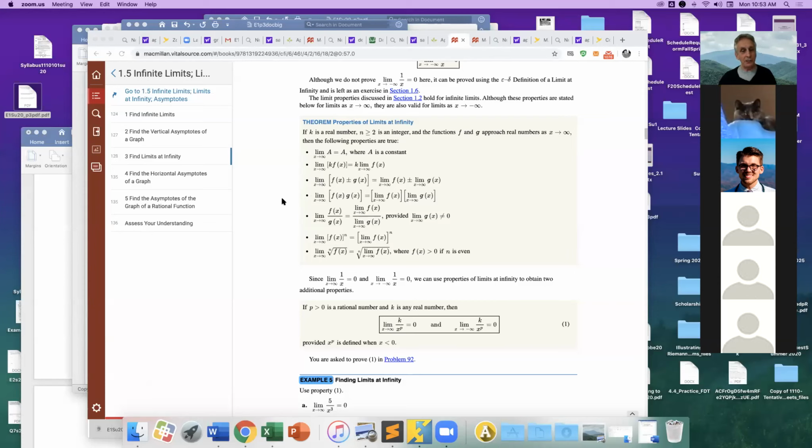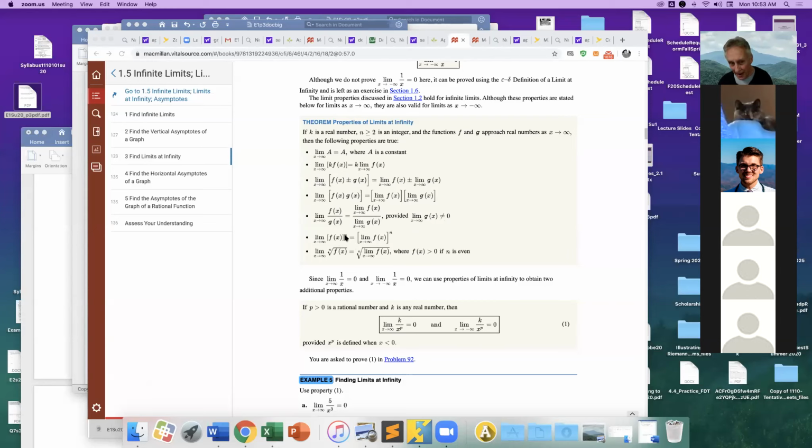Okay, good. All right, so notice these rules, you guys. Limit of a sum: if you've got the sum of two functions, that's equal to the sum of the limits. You can split the limit onto each one. Product, same exact thing. Quotient, same exact thing, as long as the denominator is not equal to 0. So the limit of a quotient is the quotient of the limits, as long as the denominator is not equal to 0.